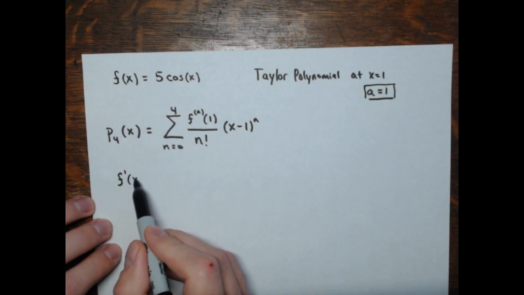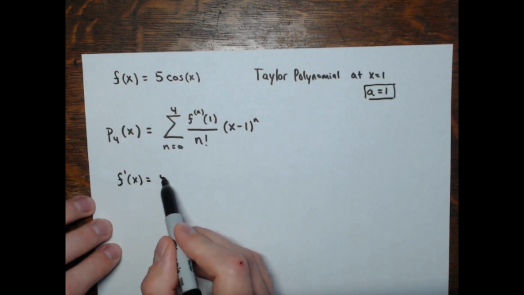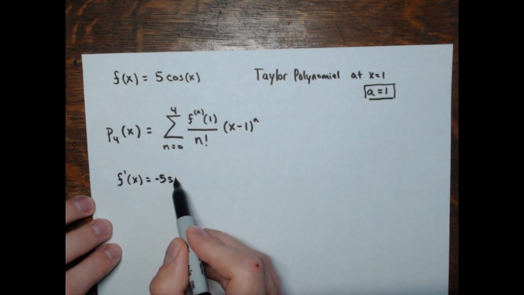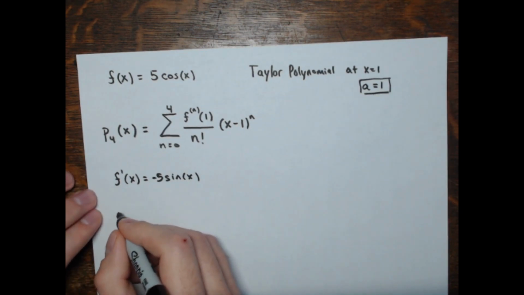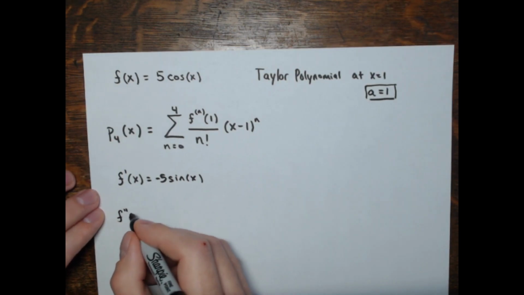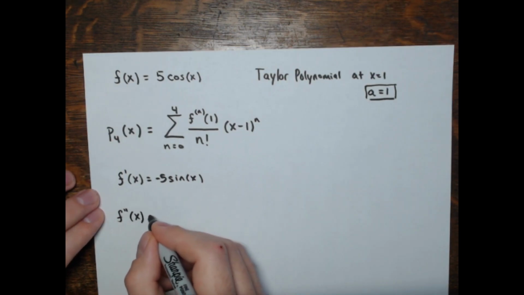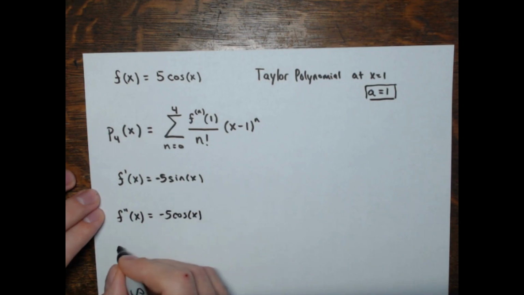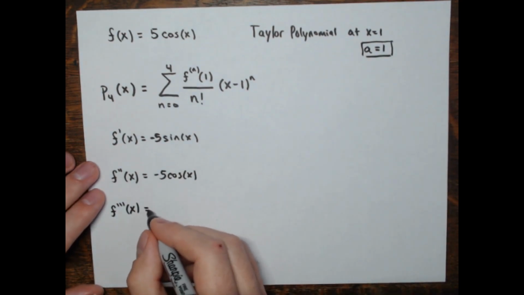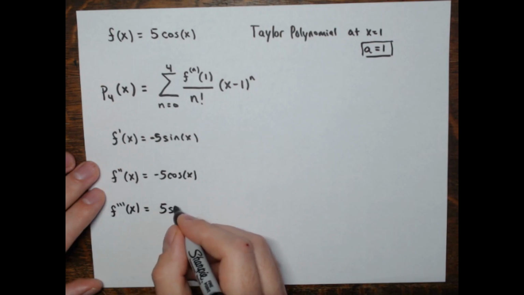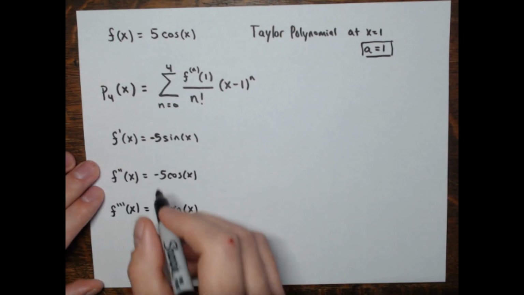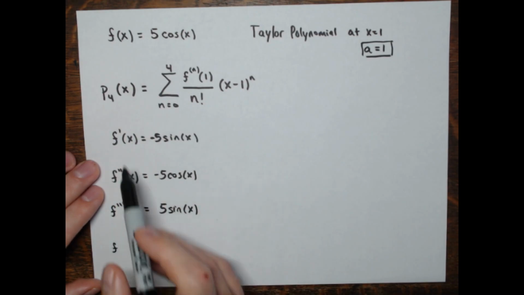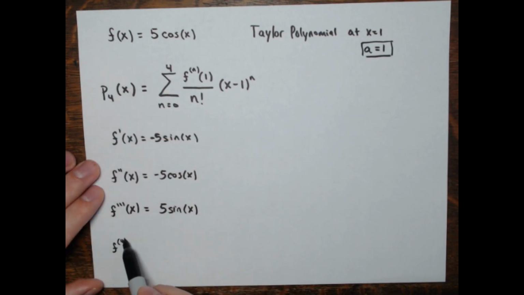First derivative is negative 5 sine x. Second derivative is negative 5 cosine x. Third derivative is 5 sine x, and just like we saw before, the fourth derivative is the same as the original, the 0th derivative. Fourth derivative is 5 cosine x.